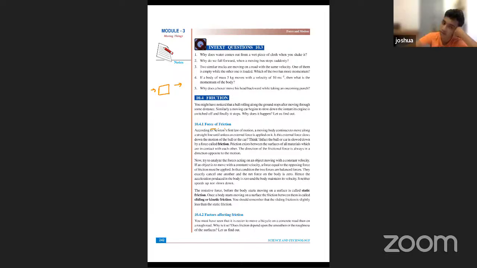A car with wheels. Why? Not because the wheels go, but because wheels provide less friction compared to having no wheels. Okay, so what does this mean?